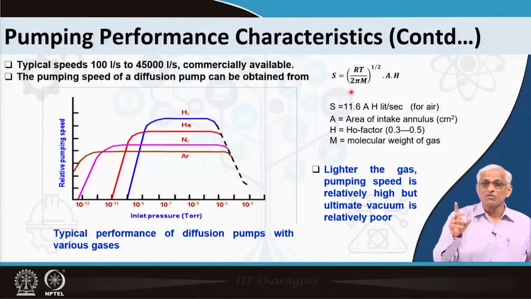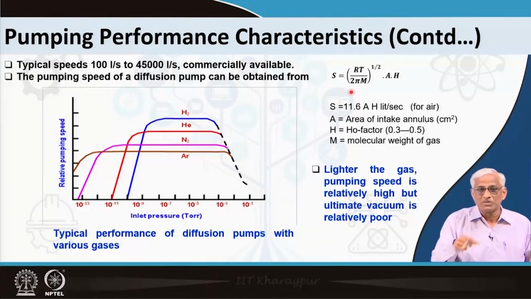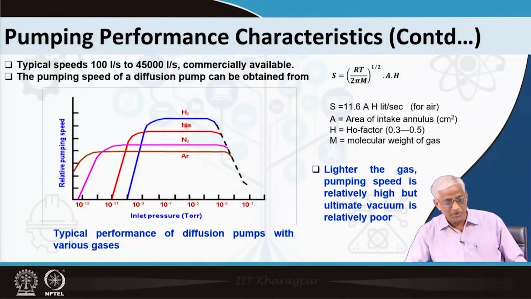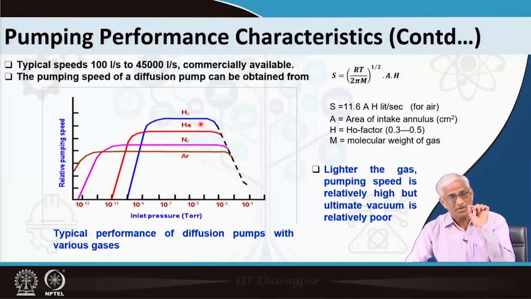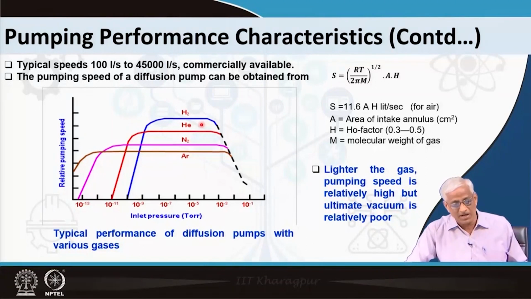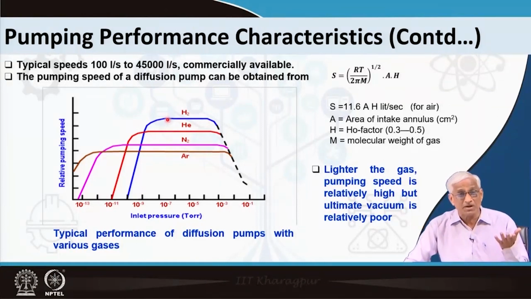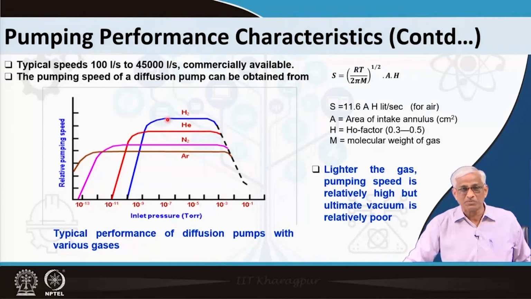In terms of volumetric units, because the unit of pumping speed is liters per minute, that is the reason you get constant pumping speed. This concept you have to understand a little, because many people who operate diffusion pumps, and many who design them, may not understand why it is constant. What is being constant? It is only the volumetric pumping speed that is constant, not the mass.